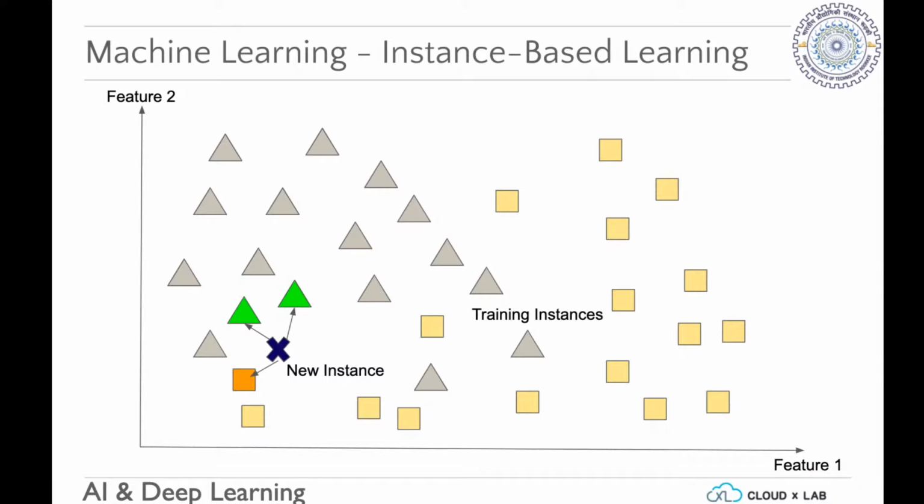Rectangle and triangle are just abstract ideas. If you're doing instance-based learning, you'll take your new instance, this X, and compare it against your known set. Is it similar to triangles or is it closer to rectangles? If it's closer to triangles, it says the new instance is a triangle. So that is instance-based learning. Here it's comparing against specific instances.